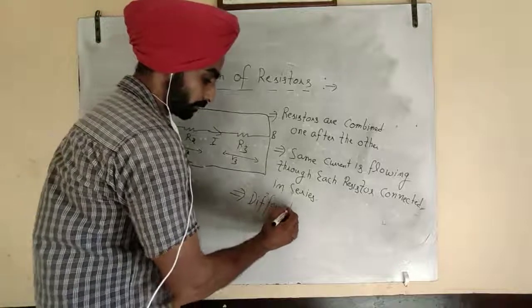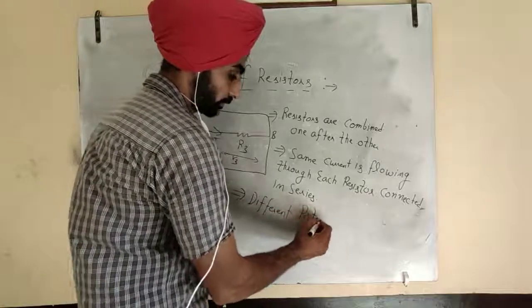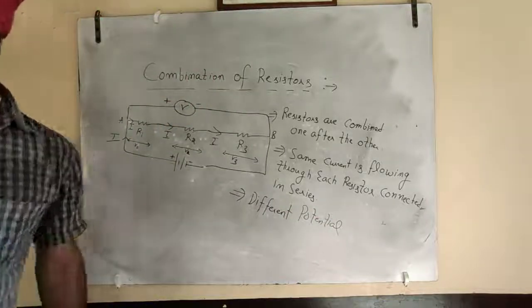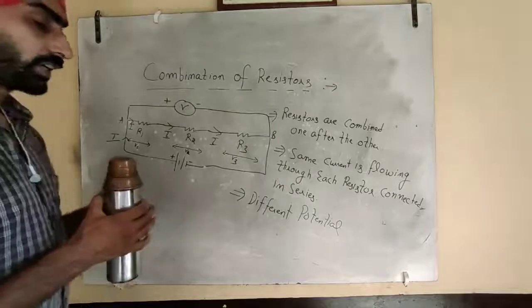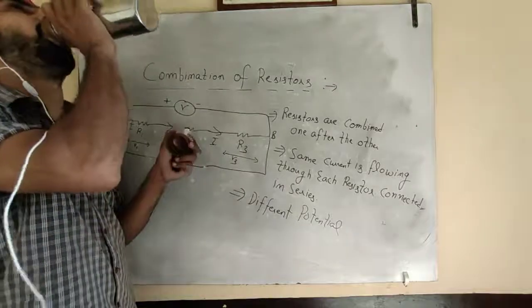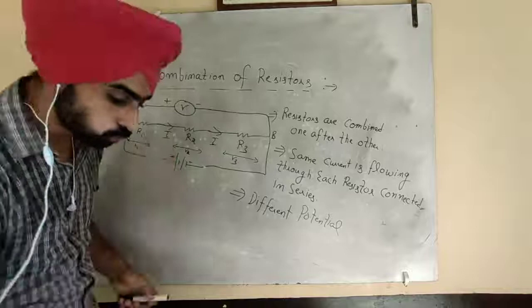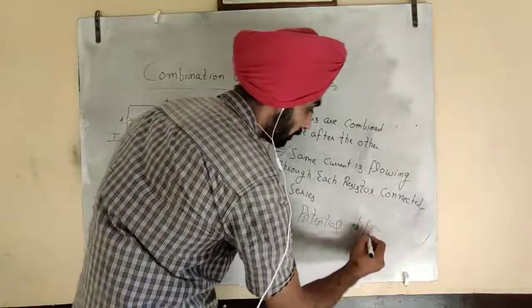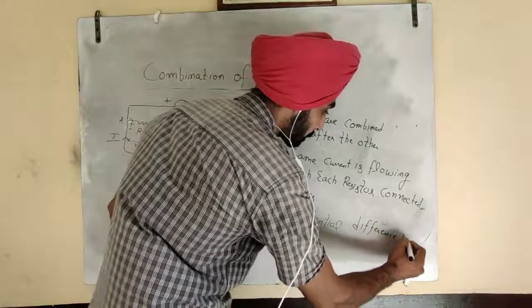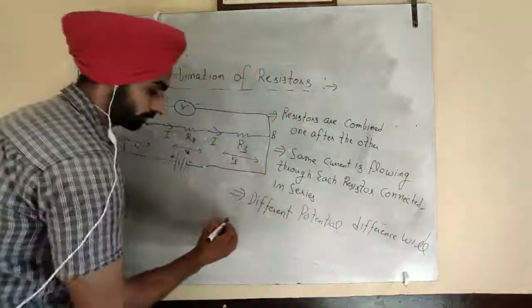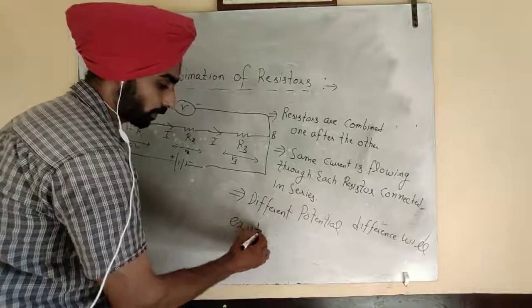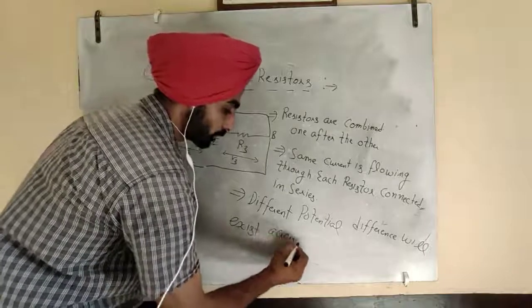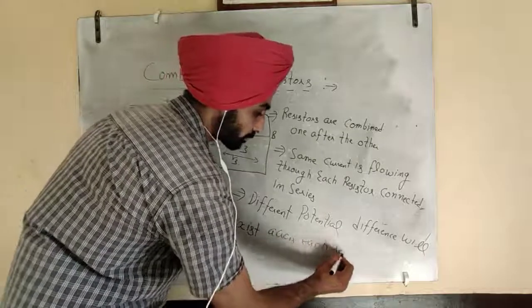Please write down this thing: different potential difference will exist across each resistor in series.